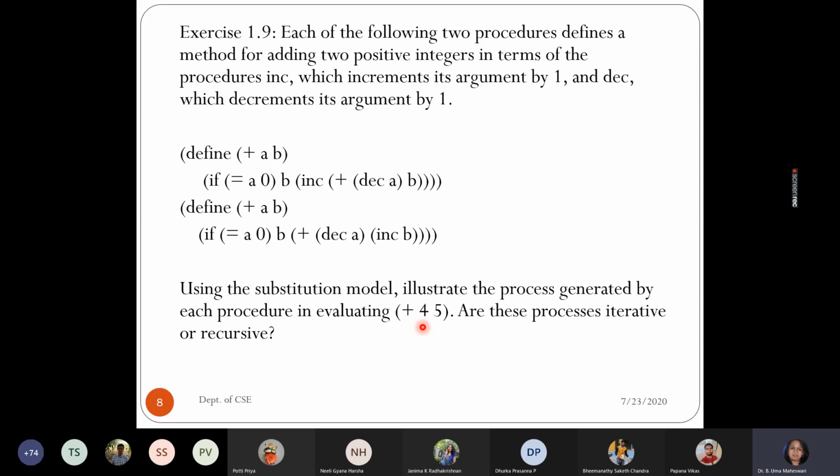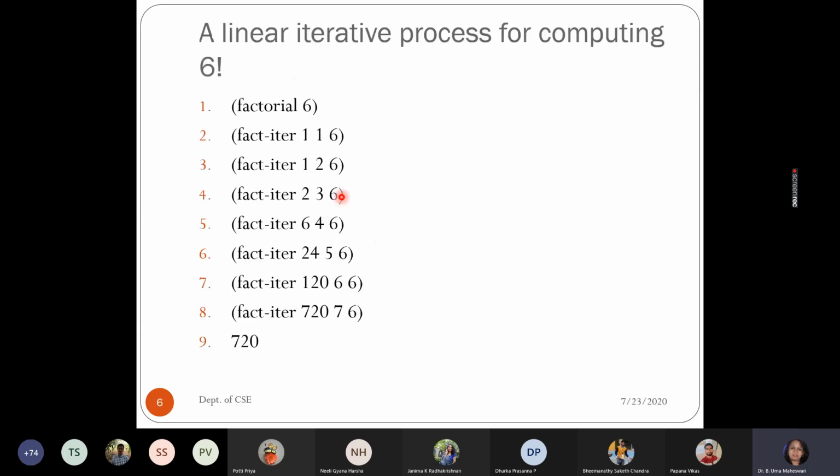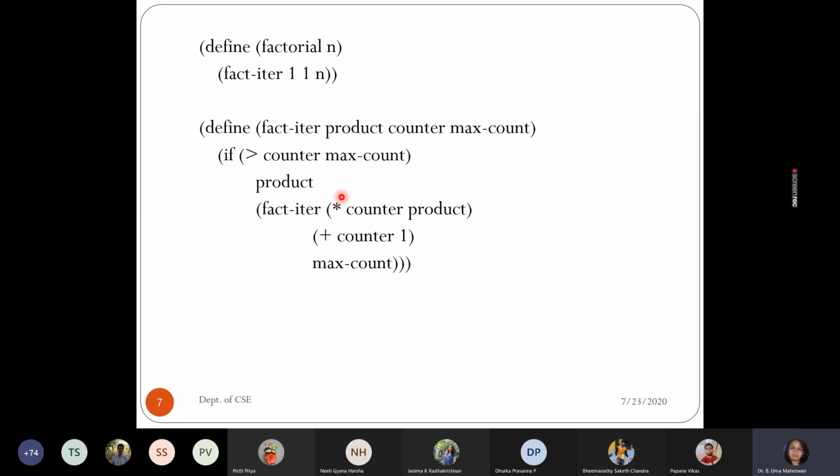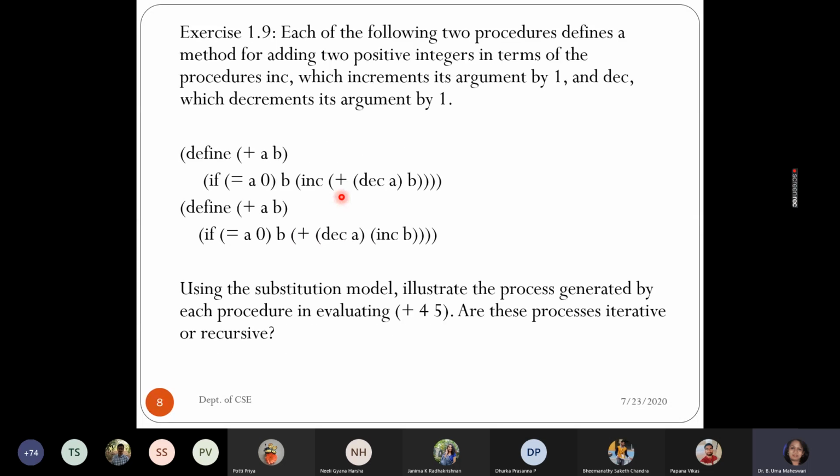Can you find out? You quickly apply 4 and 5 instead of a and b, and you just proceed further. What is happening? Can you write a process diagram like this, or like this, how it happens? You just naturally follow the statements given here, and finally, you tell me what is the shape generated.